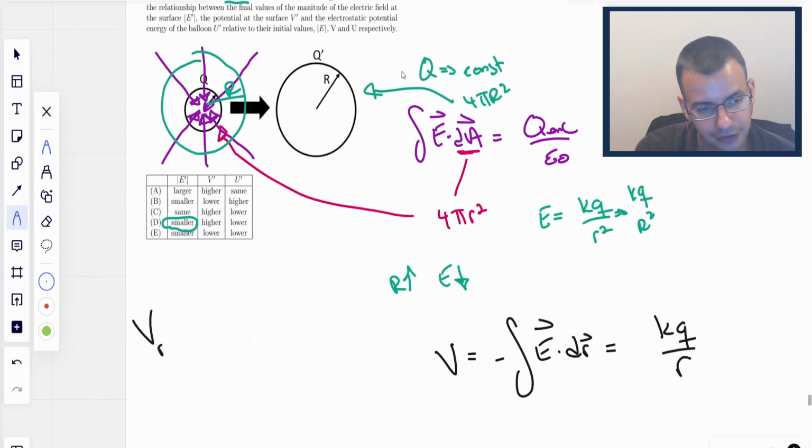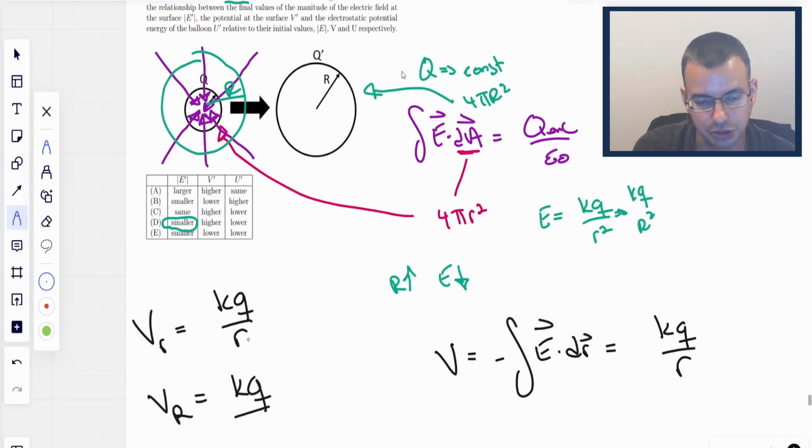So the voltage for little r is going to be KQ over r. Voltage for big R is going to be KQ, because we have the same charge, over big R.